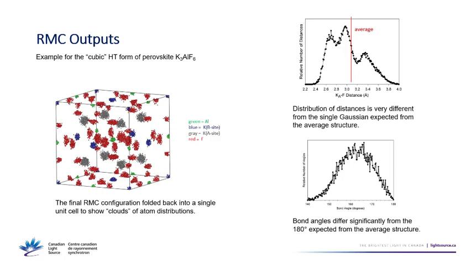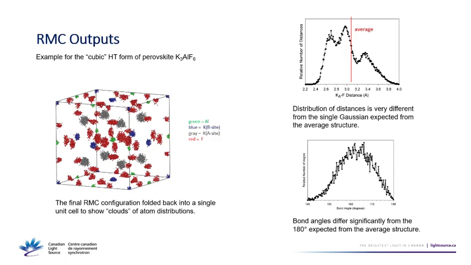This is from one of the potassium positions to fluorine. From the average crystal structure, you would expect a single Gaussian centered where this line is. As you can see in here, you get a much more complex distribution, a kind of triple bump where the three sides are not equal in size. This is something you would not be able to pull out of the small box method.